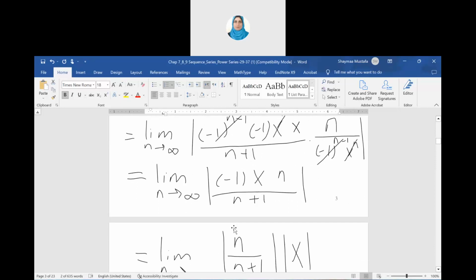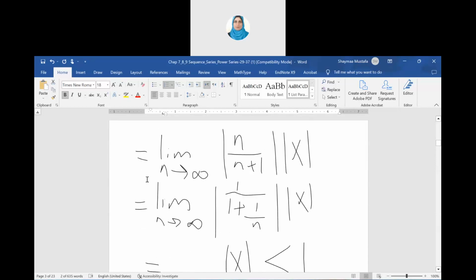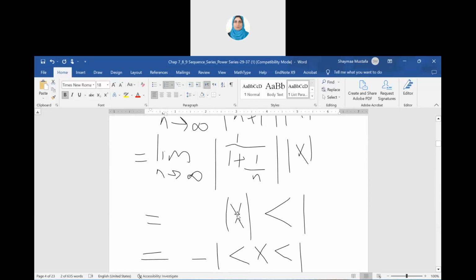Taking the limit, as we explained in the video recorded before, we have the limit absolute value of x according to the ratio test. To be convergent, this limit should be less than 1, because less than 1 means converge.